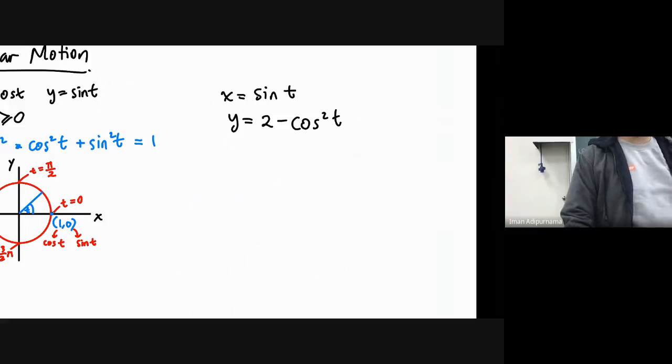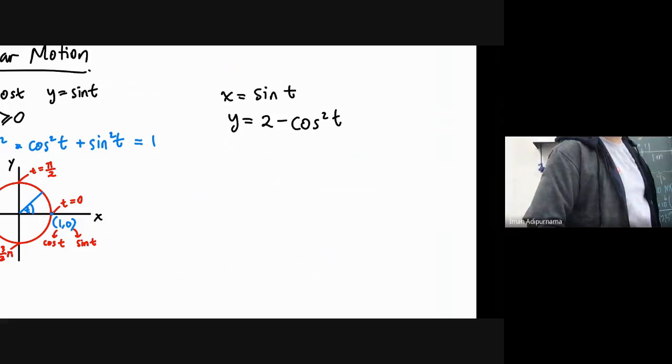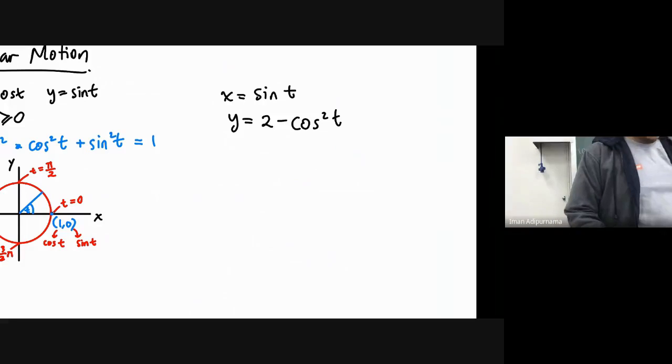A little bit of analytical trigonometry is needed in certain equations, especially for the circular motions.